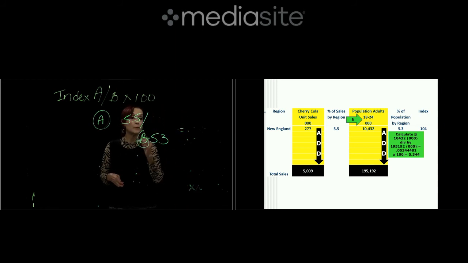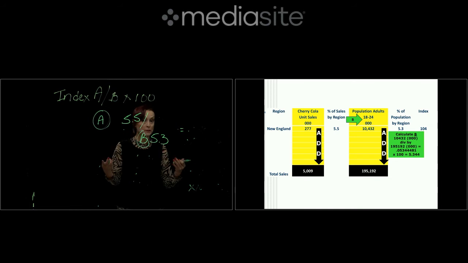So 5.5, remember the general formula again, is A divided by B, multiply times 100, where A in this case is 5.5, or the percentage of sales in the New England region, divided by the 5.3, which is the percentage of the population of adults 18 to 24 in the New England region.